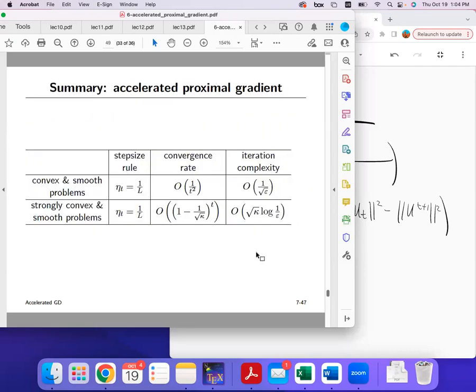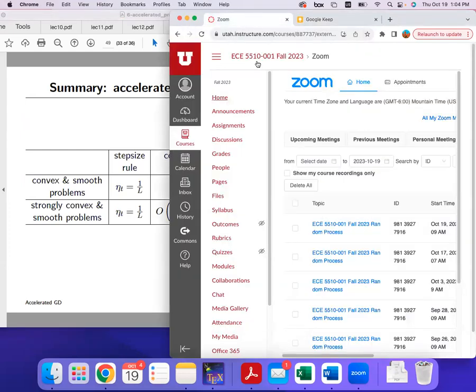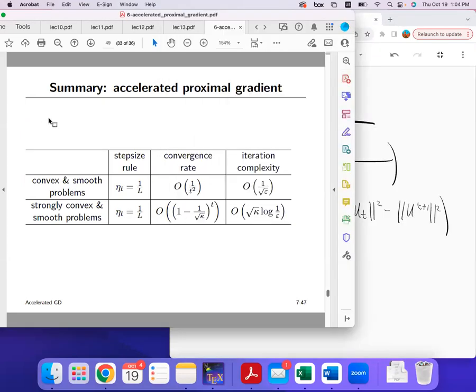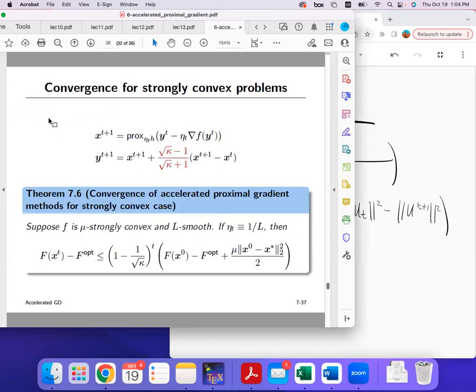So I think this is everything about this accelerating method. In the homework, you will need to implement this accelerated algorithm, like we discussed last time, and it's actually very simple. It's based on what you implemented previously.